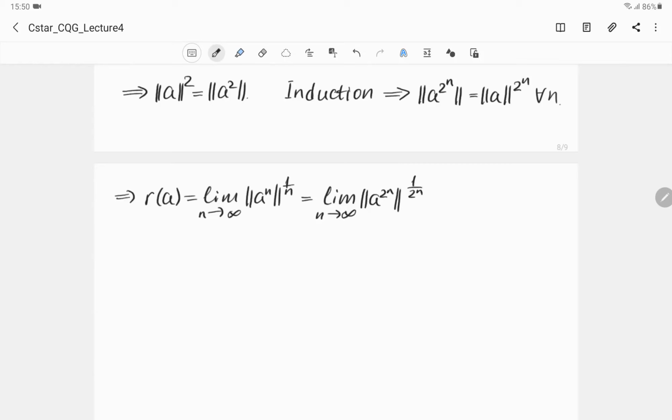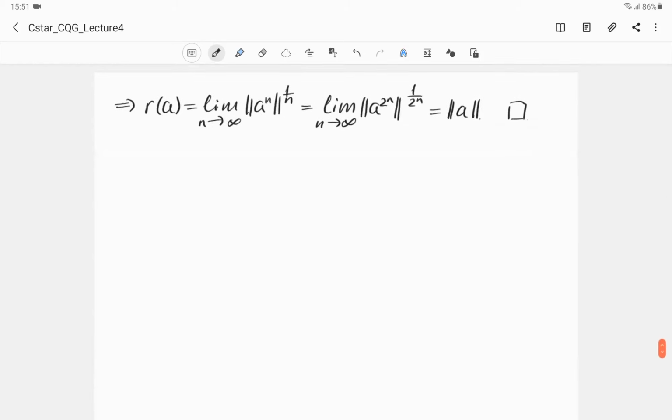But now this formula implies that each member of the sequence is just the norm of A. And this completes the proof. Okay, so the spectral radius of a normal element is equal to the norm.